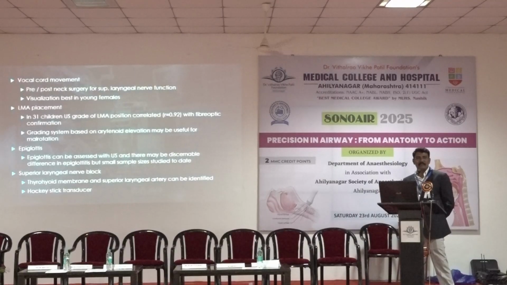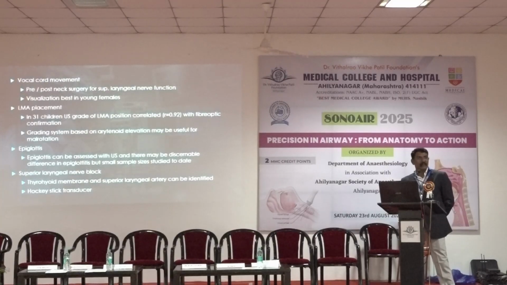And many times there are a lot of things in our mind about whether to extubate this patient in a deep plane to see the vocal cords or let the patient get away. The USG machine can solve this problem. You can see percutaneous vocal cord movements on USG also. Then use of the USG machine for LMA placement is another use, locating the epiglottis and the superior laryngeal nerve.